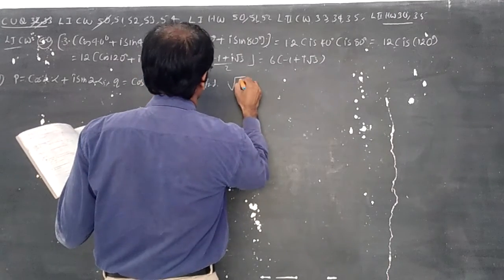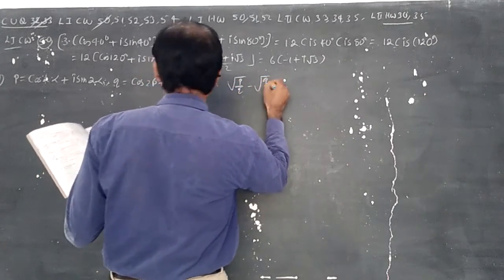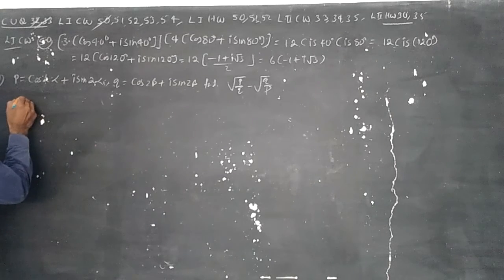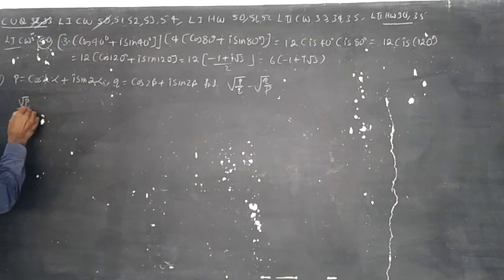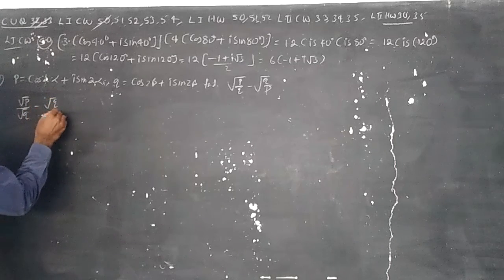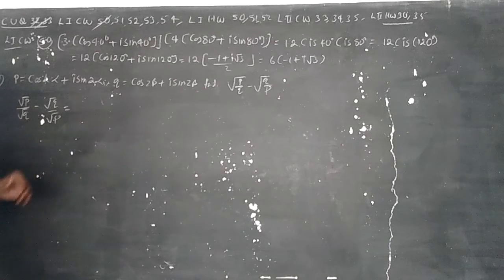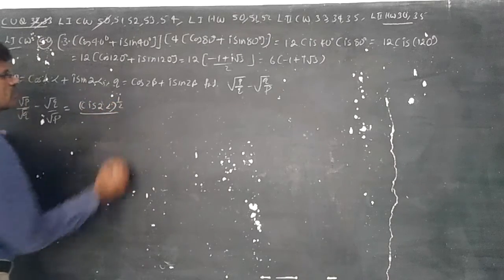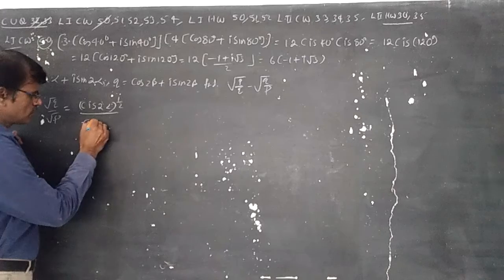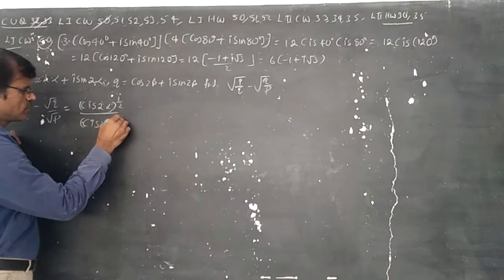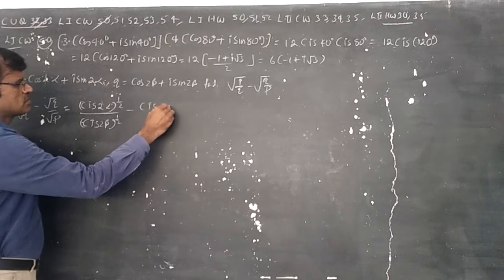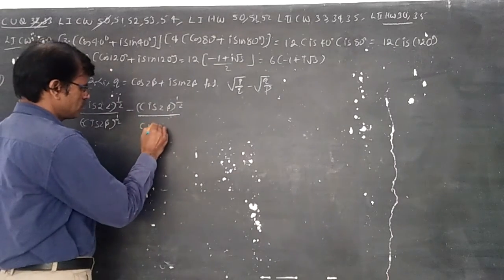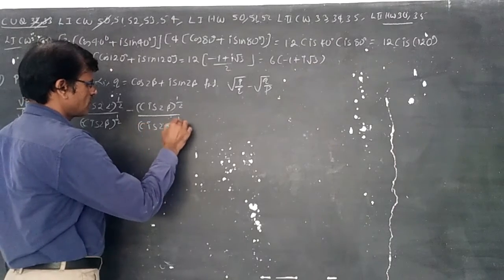Then find the value of root P by Q minus root Q by P. So root P by root Q minus root Q by root P can be written as cis 2 alpha power 1 by 2 by cis 2 beta power 1 by 2, minus cis 2 beta power 1 by 2 by cis 2 alpha power 1 by 2.